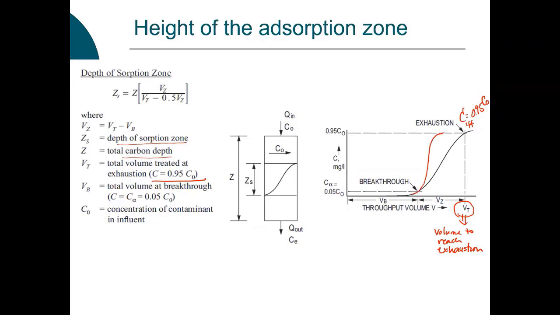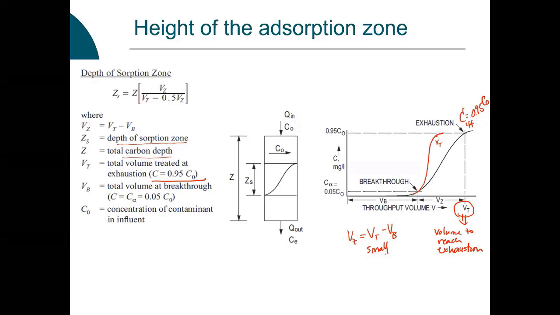Now, if we have a really sharp breakthrough, note this is V sub T here, then VZ equals VT minus VB is small. What that means is that we're effectively using the column. So sharp breakthrough means the depth of the adsorption zone is small. Okay, and it means this VZ is also small.